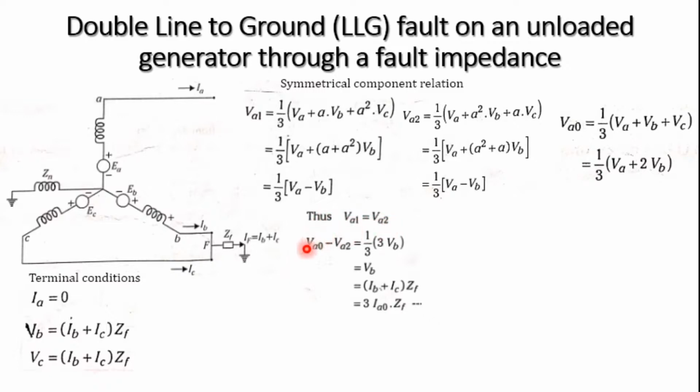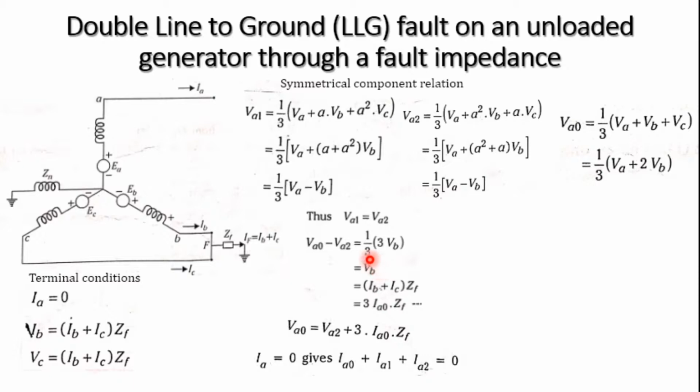So make it Va0 minus Va2. We know that Va0 is 1 by 3 times Va plus 2 Vb. So after Va0 minus Va2, Va gets cancelled, and minus into minus becomes plus, so this is going to be 3 times Vb. The 3 gets cancelled, leaving Vb.